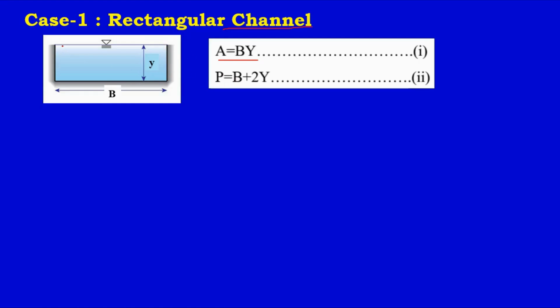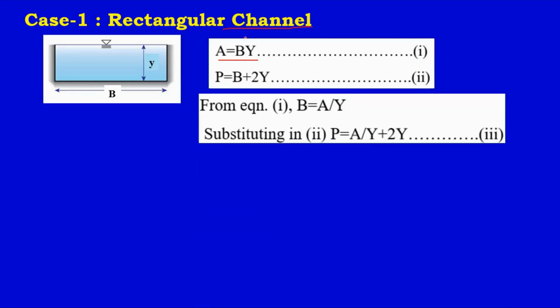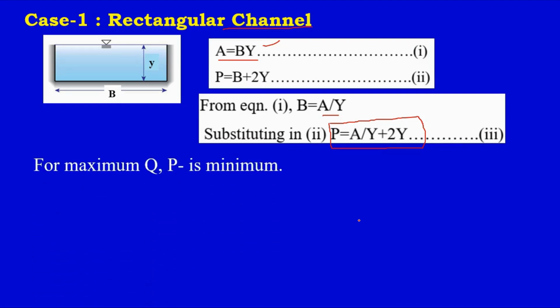From equation 1, you can take B equals A over Y. Substitute in the second equation: P equals A over Y plus 2Y. This is the third equation we are going to analyze. For maximum discharge, the perimeter P should be minimum.